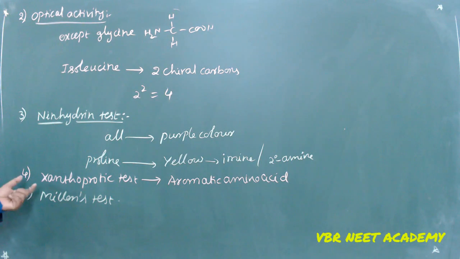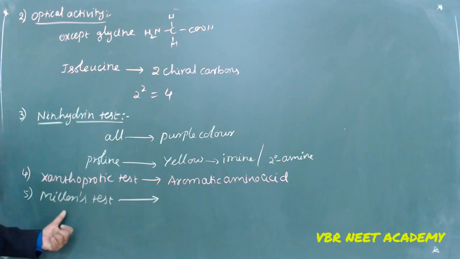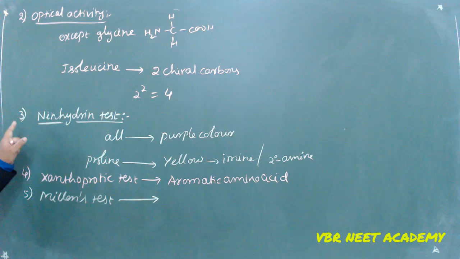Just remember, aromatic amino acids are identified by the xanthoproteic test and Millon's test. Ninhydrin is a common identification test for all the amino acids. Understand? So these are the practical organic chemistry based questions on amino acids we are going to get. Ninhydrin is the identification, just remember it.